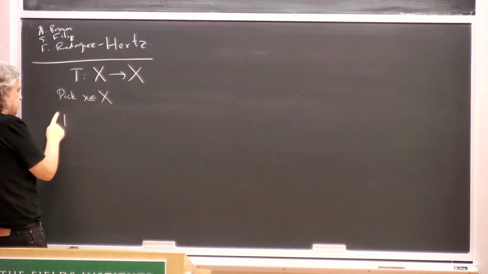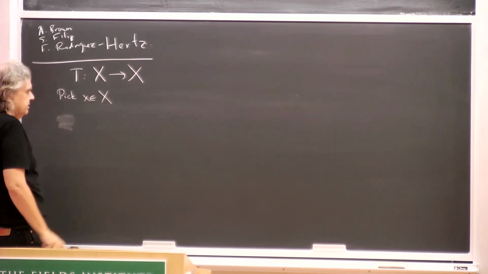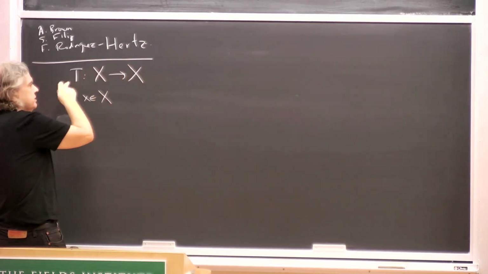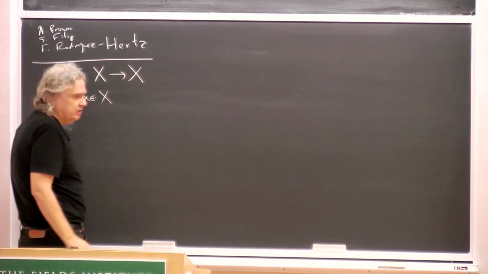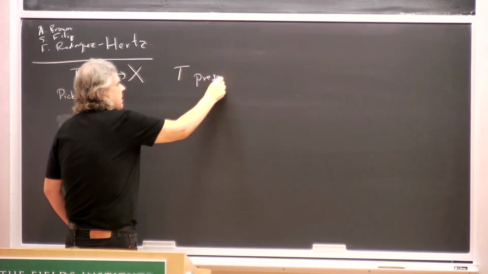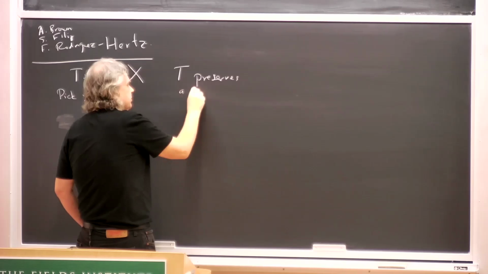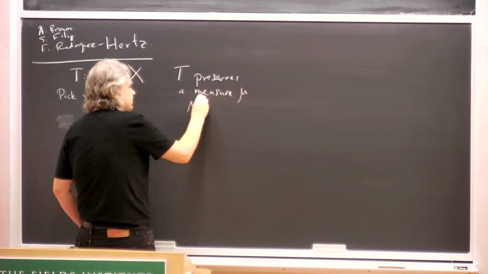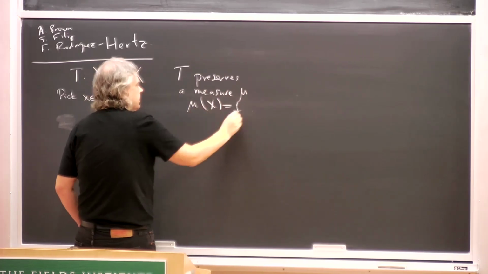This is dynamical systems. If you want to do ergodic theory, then you also assume that T preserves a measure mu, and always mu of the whole space is equal to 1.